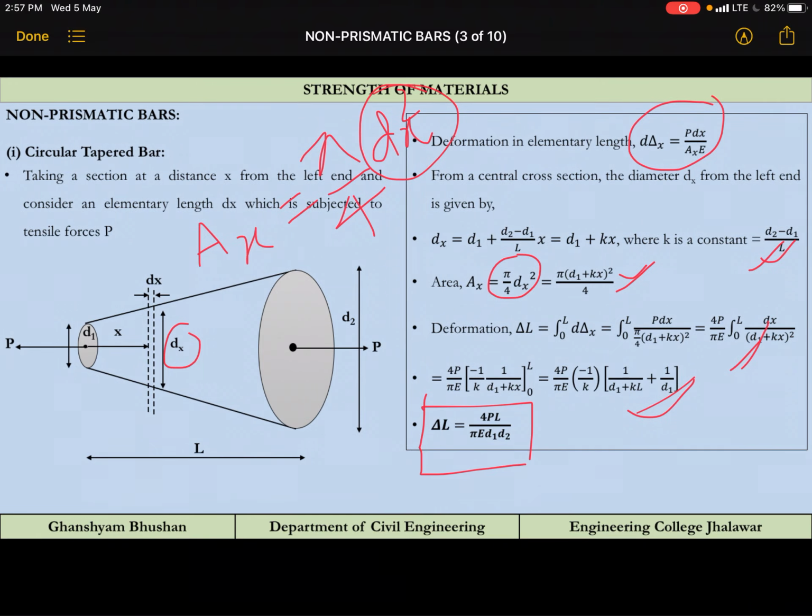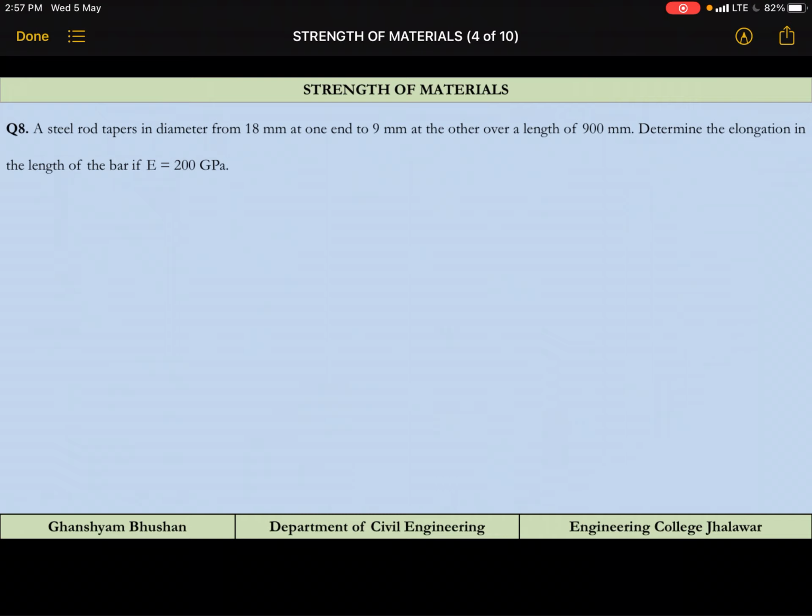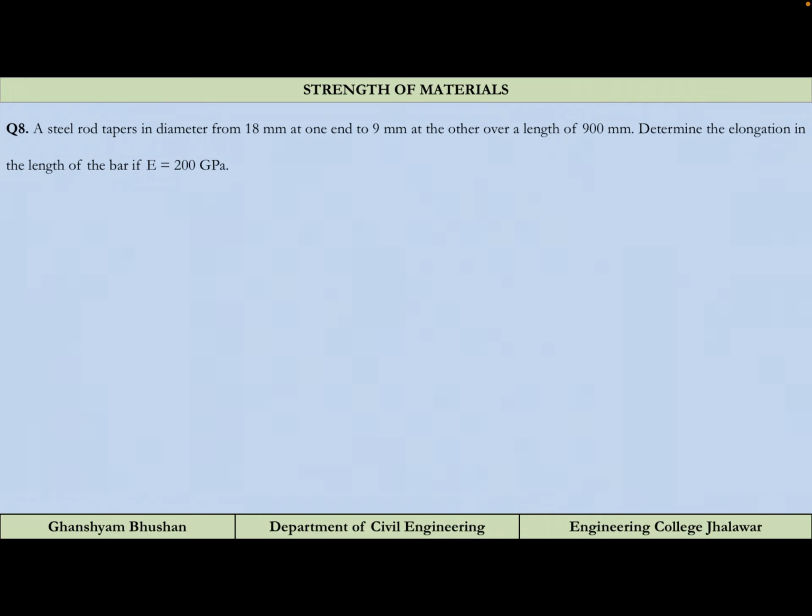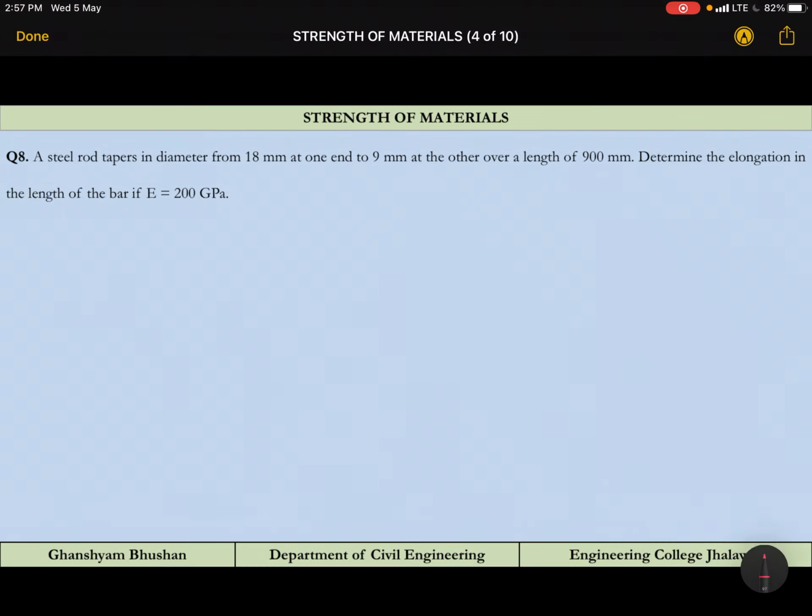Now let us try to solve one problem. A steel rod tapers in diameter from 18 mm at one end to 9 mm at the other over a length of 900 mm. Determine the elongation in the bar if E is 200 GPa.